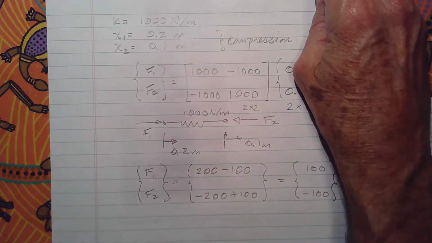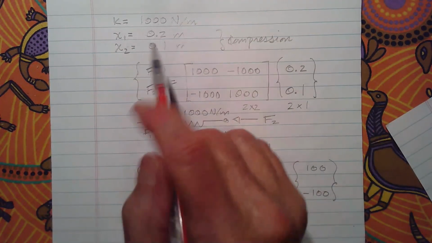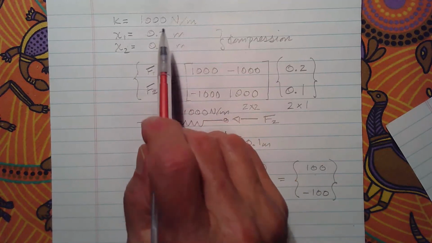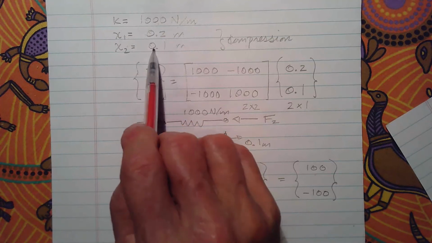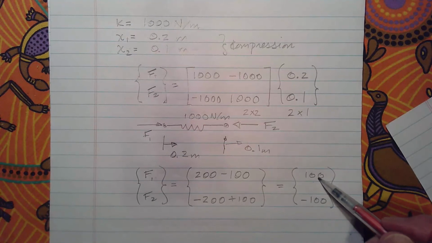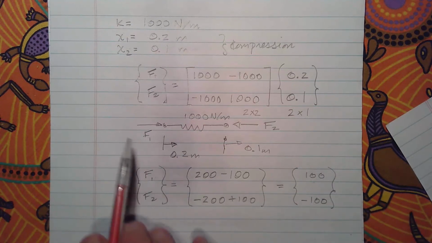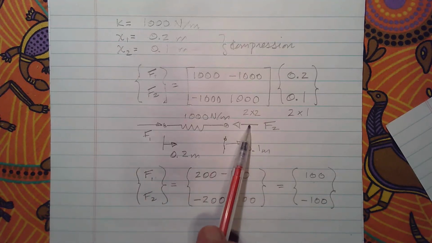It had the same nodal displacement to the right for both of these. This was 0.2 and 0.1 on x2. And we wound up with 100 pounds, or not pounds, sorry, newtons, as our nodal forces. So this was under compression, and we wound up with 100 here and 100 acting back that way there.